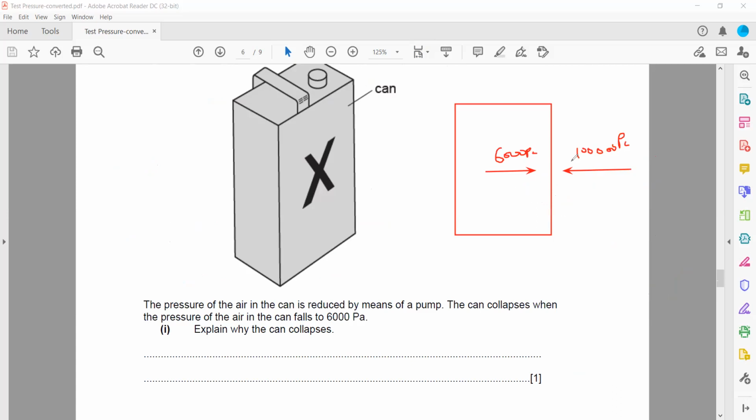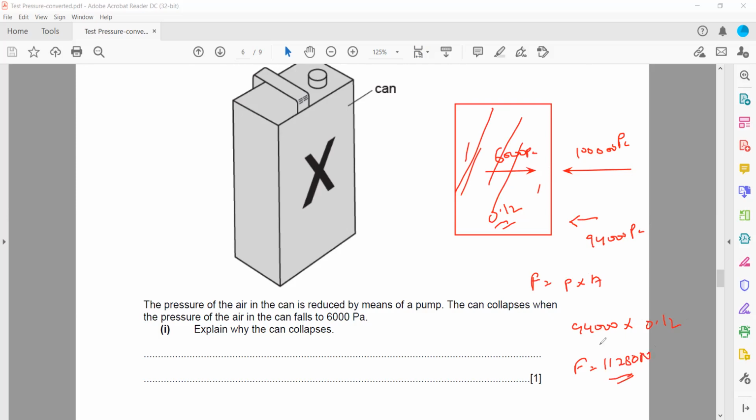The atmosphere is pushing inwards, and the air inside the can is pushing outwards. So the result of these two pressures will be 94,000 Pascal. And the total area is given, 0.12. So force is pressure multiplied by area. The resulting pressure is 94,000 and the area is 0.12. So when we multiply, it will be 11,280 newtons.